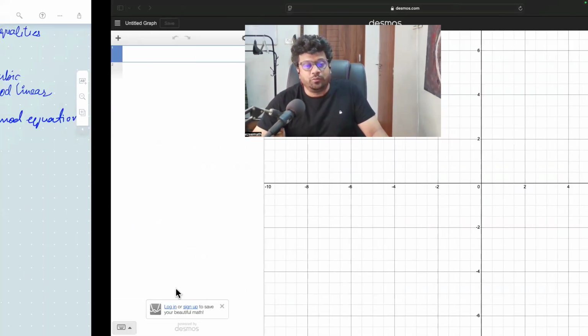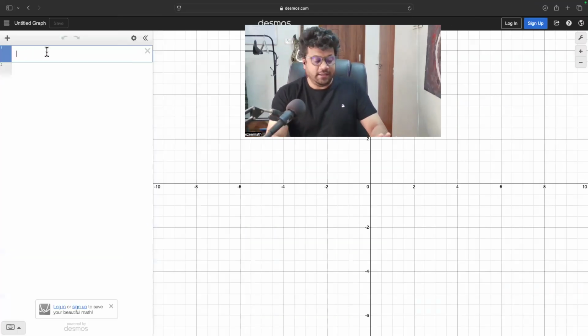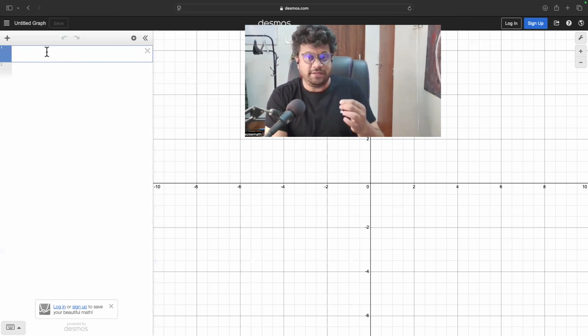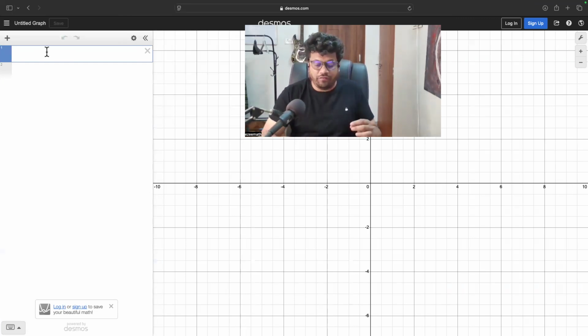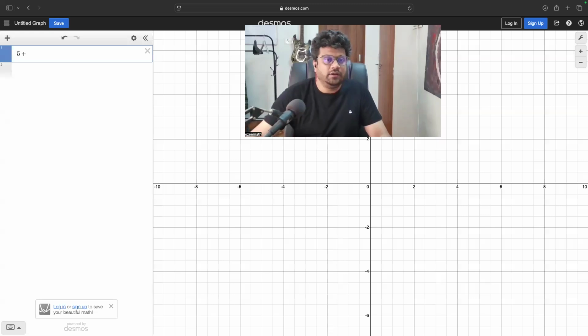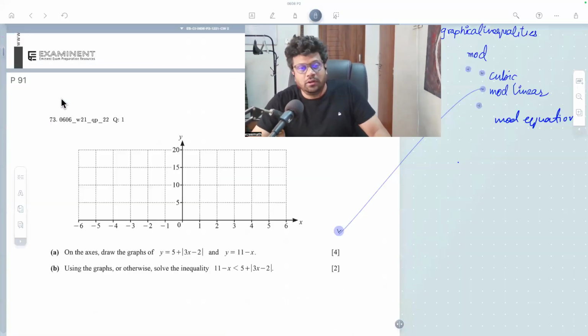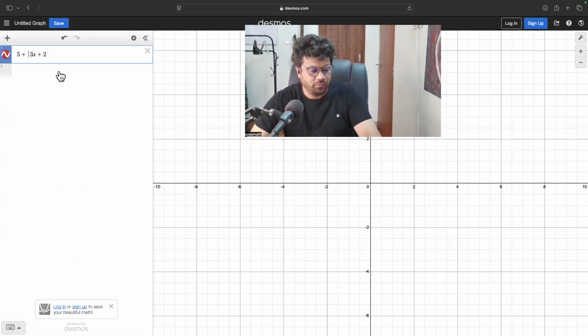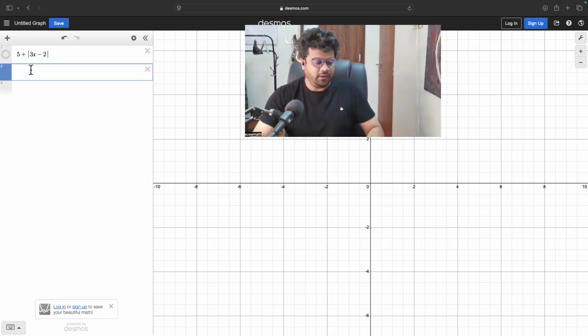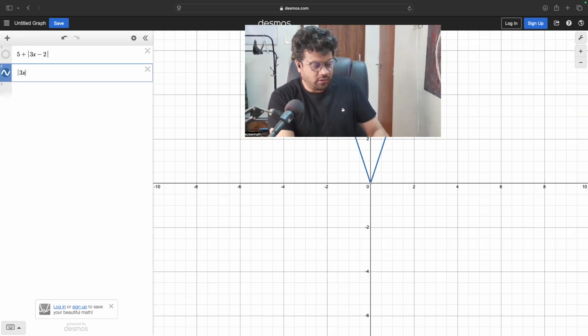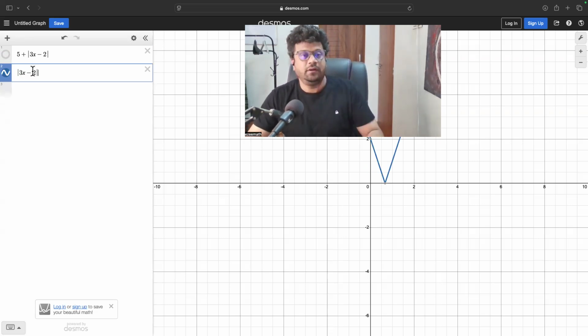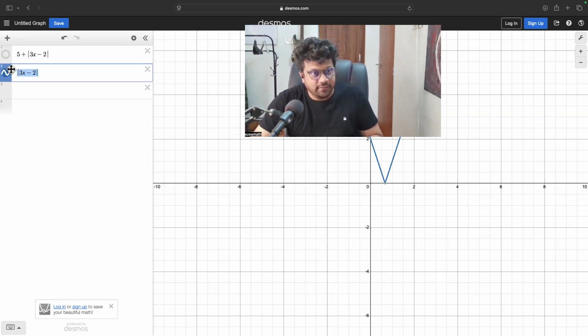The best way to approach this sketch of 5 plus mod of 3x minus 2, instead of going at the whole thing together, is to first sketch the mod of 3x minus 2.